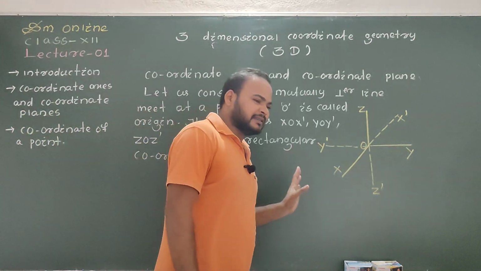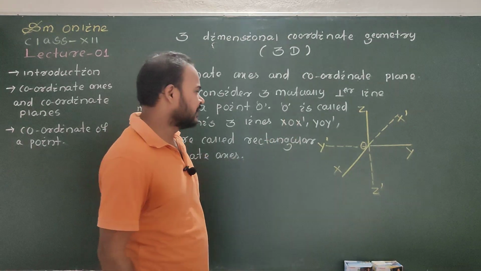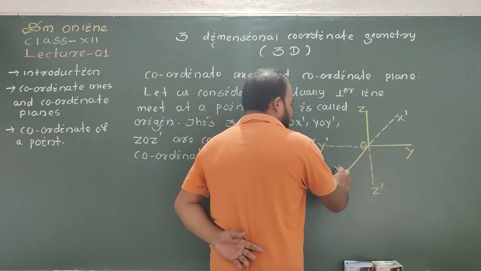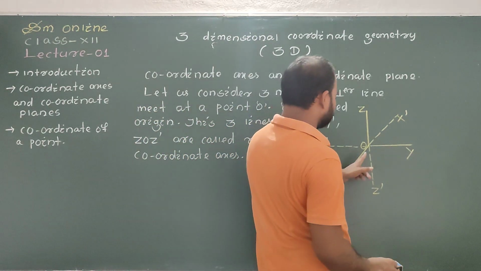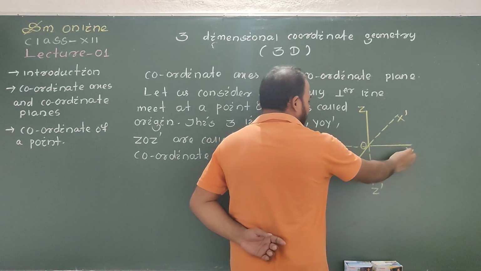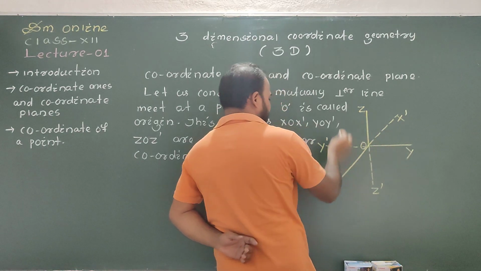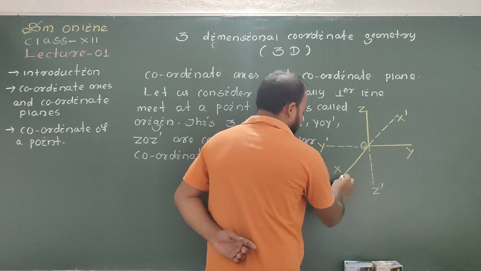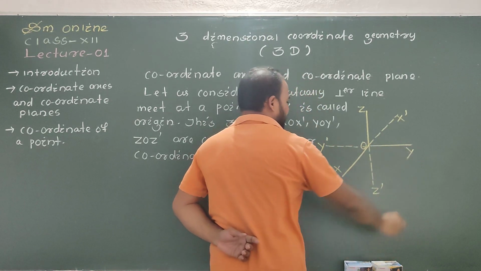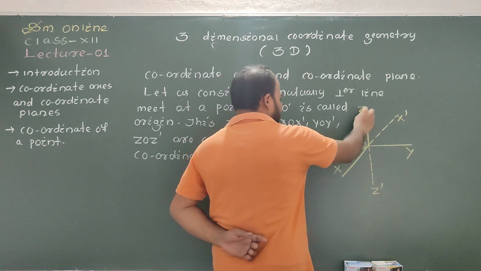Okay, and these three rectangular coordinate axes determine three planes. This is x o y, then y o z, and z o x.